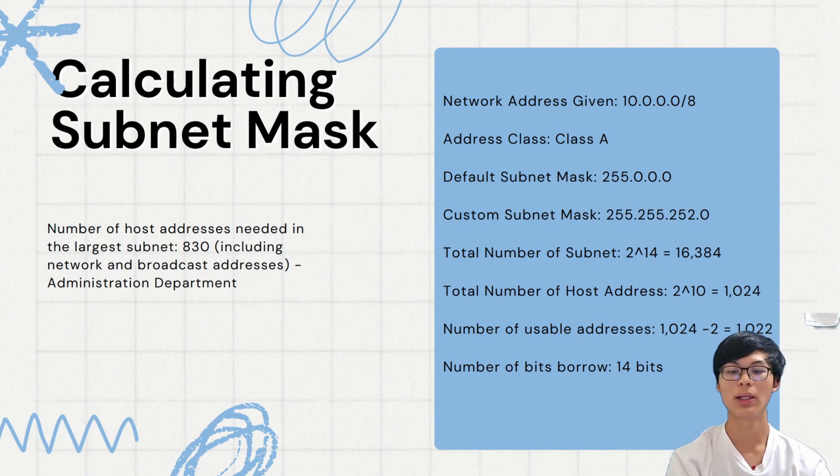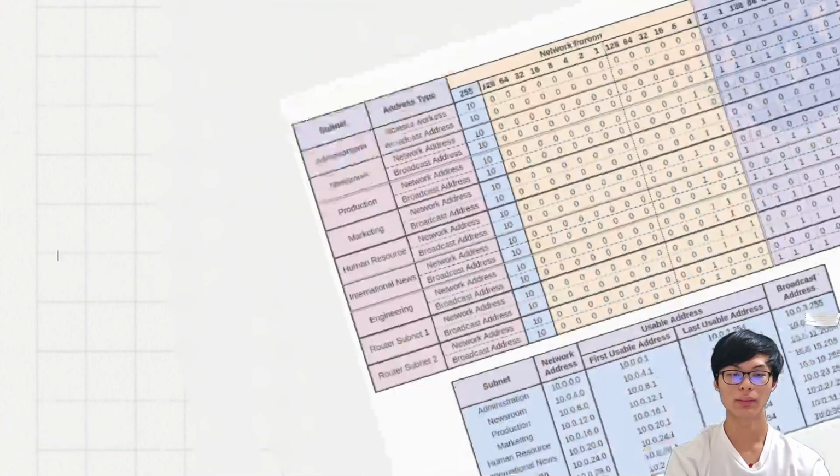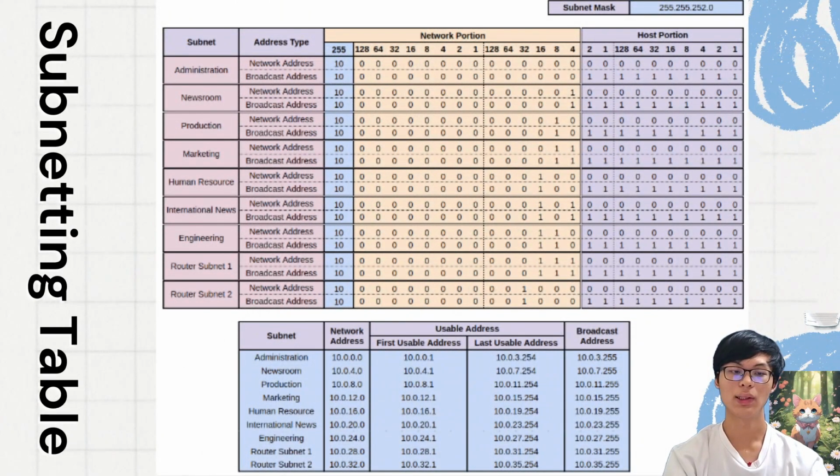And the total number of subnets that we can use is 2 to the power of 14, which is 16,384. This is the subnetting table for the subnets I mentioned just now on how we separate our subnets.